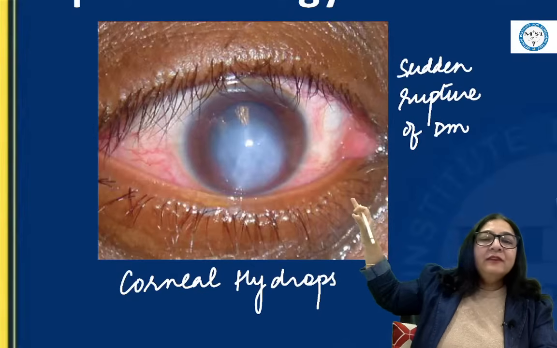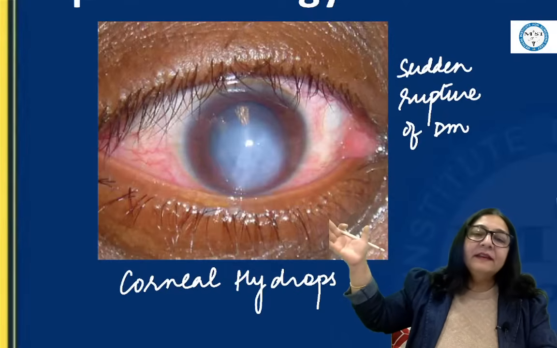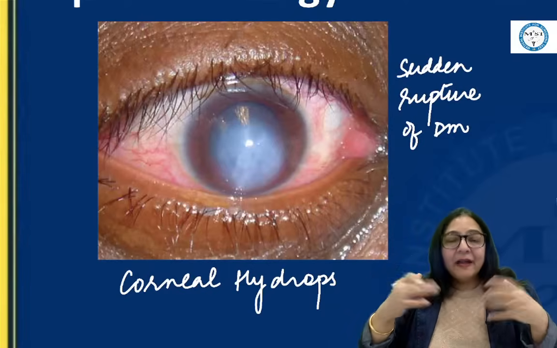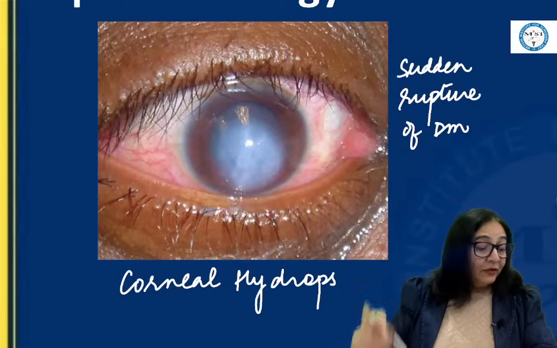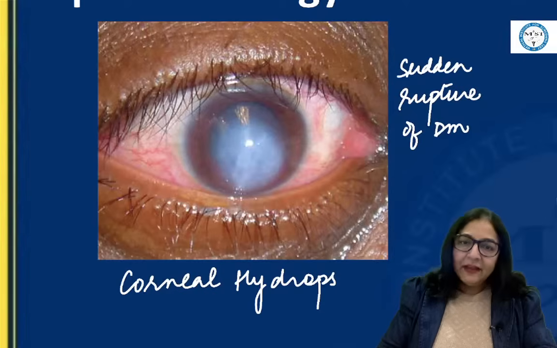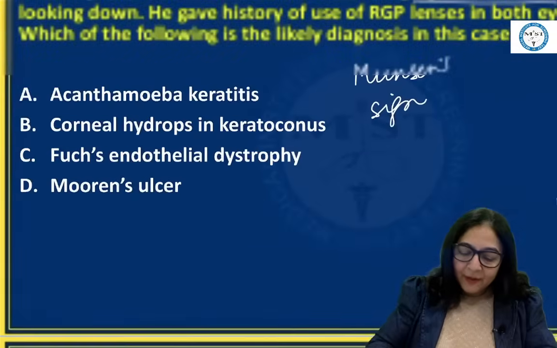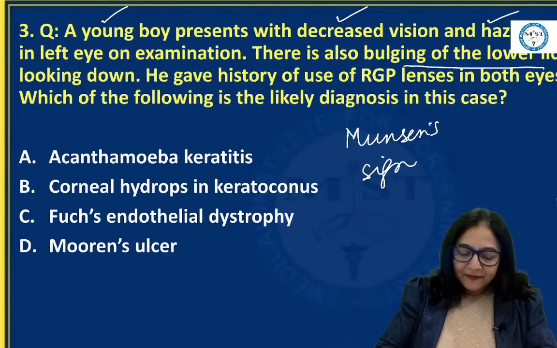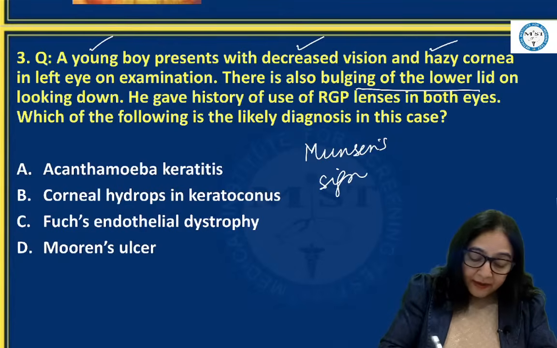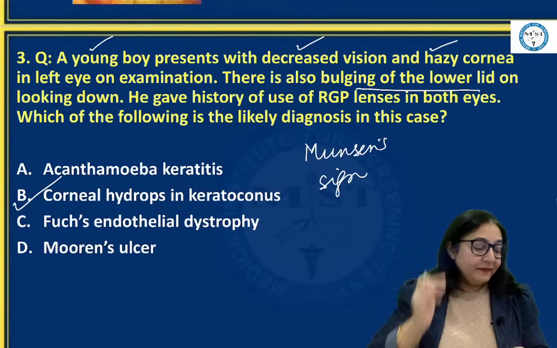That will lead to haziness of the cornea, further decrease in vision, and even pain, because the cornea is becoming hydrated very acutely. So this is a complication which can occur in cases of keratoconus. This is what the case statement was discussing. So what is your diagnosis here? The likely diagnosis is corneal hydrops in keratoconus.